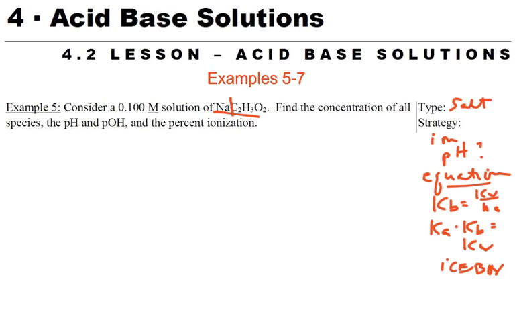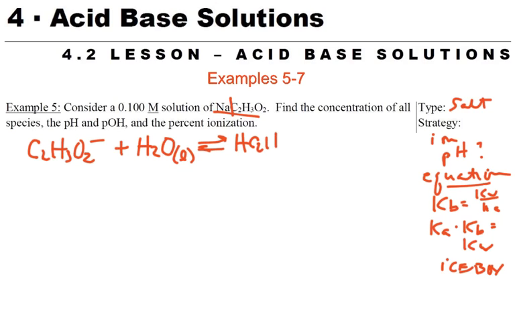First, let's write out the equation for this, and that's going to be C2H3O2 minus. Like other bases, since this is a proton acceptor, we have to give a donor next to it, so we have water. Our equilibrium is that if it accepts a proton, it reforms the acid, and it's going to leave some hydroxides floating around in solution.